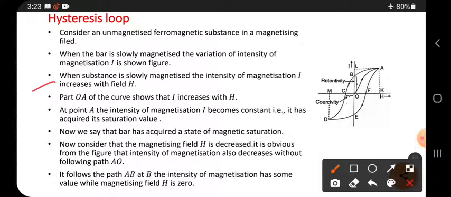When the substance is slowly magnetized, the intensity of magnetization I increases with field H. The part OA of the curve shows that I increases with H, meaning as H increases, I also increases.